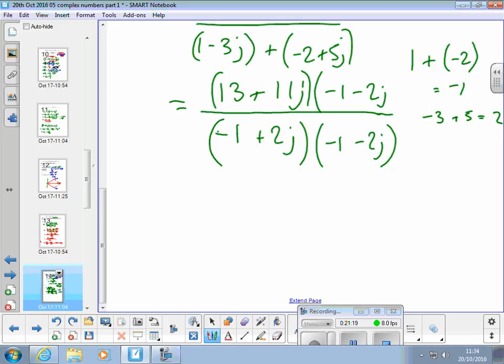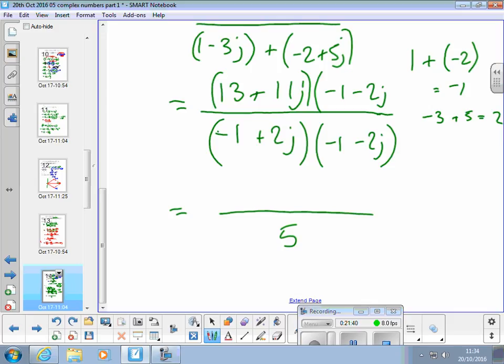This bottom line quickly multiplies out to 1 squared plus 2 squared equals 5. Yeah, but minus 1 squared is 1.